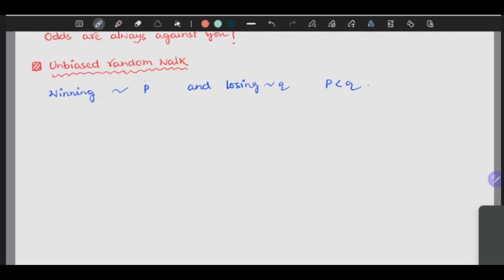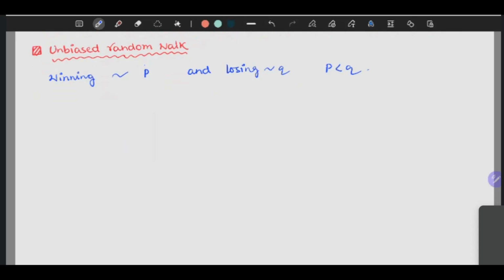So basically, if you start from very close to half, that is not so much problematic, but the odds are much more against you.